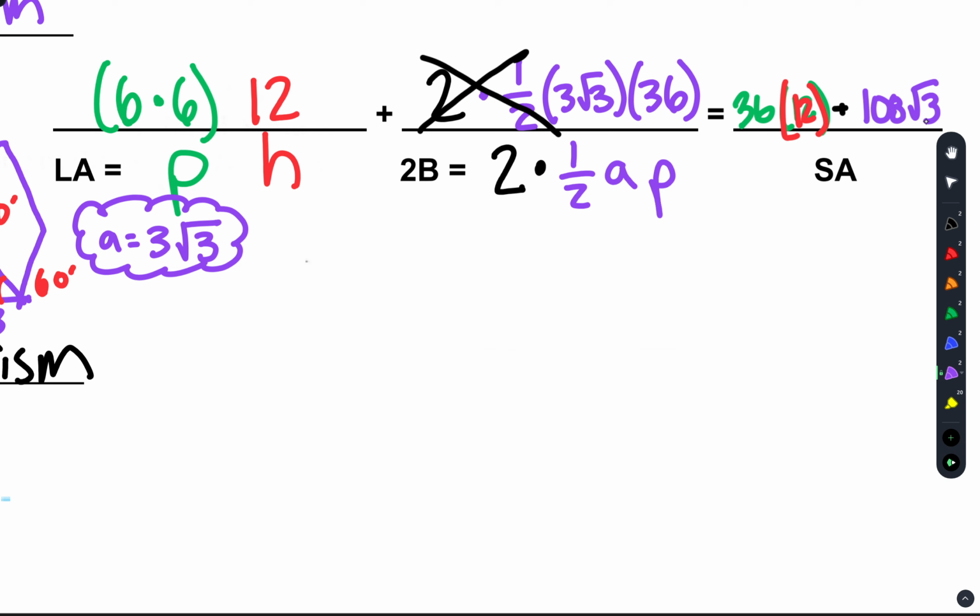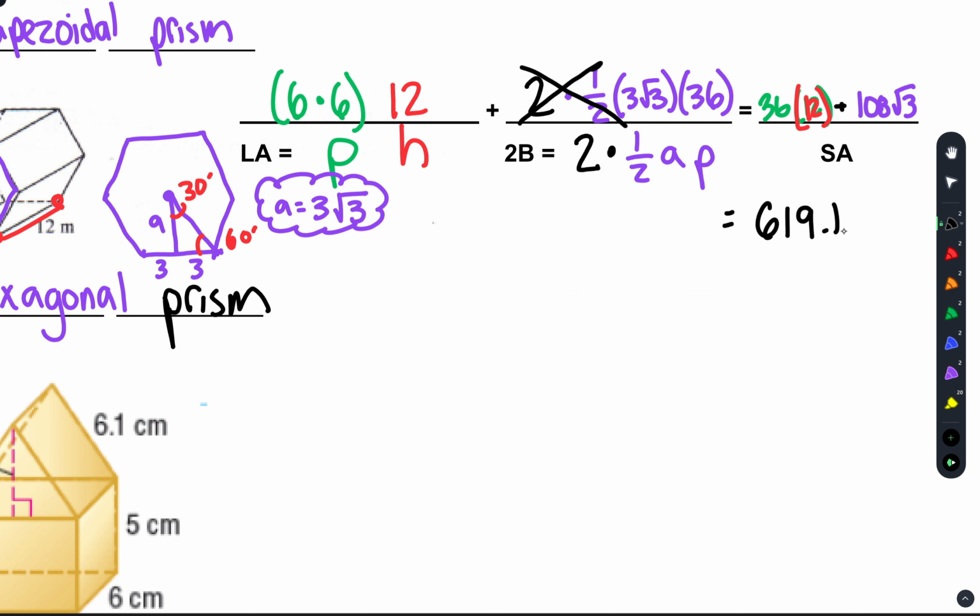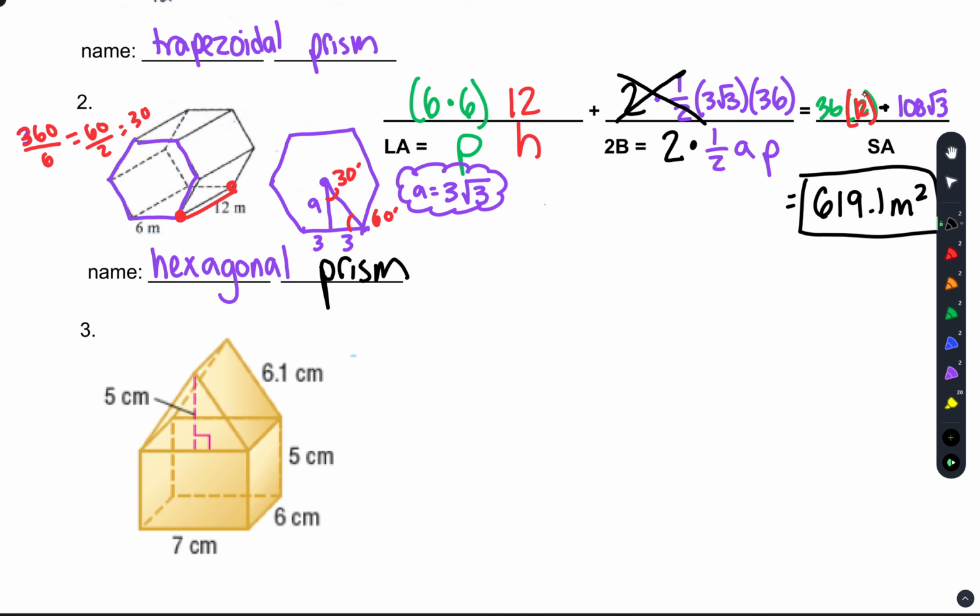So just simplifying stuff down a little bit before I throw that in my calculator. I'm going to end up with 619.1. And this, I believe, is in centimeters. Oh, no, meters. Okay, any questions on that?